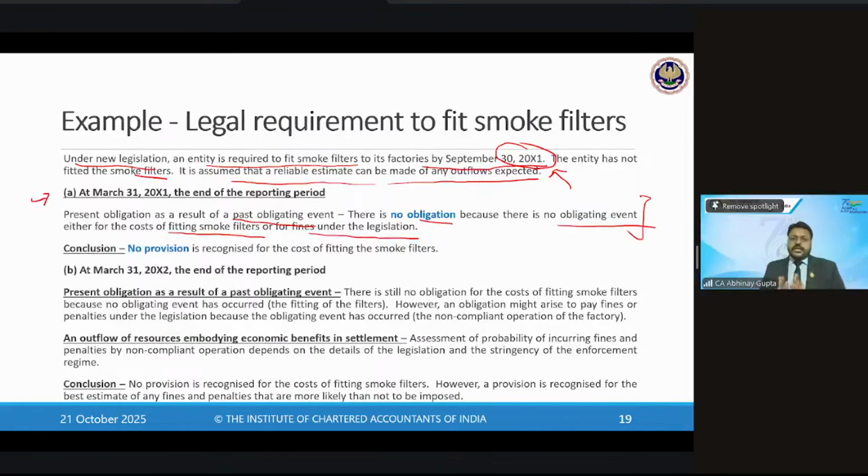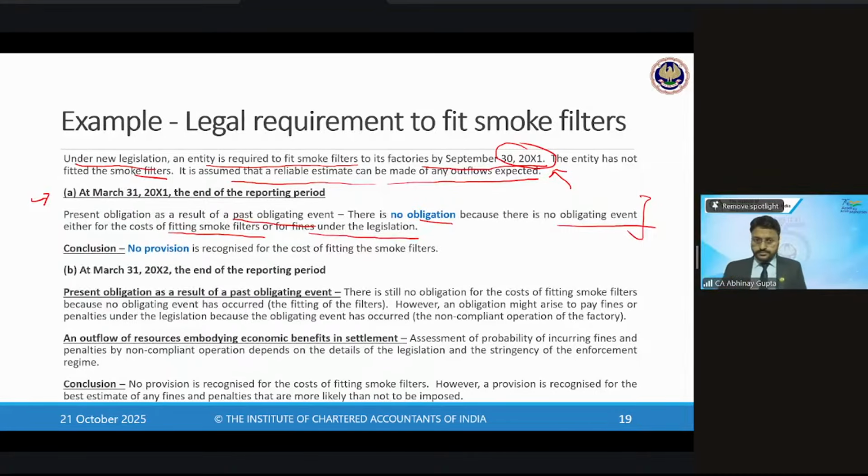So neither has the company initiated any action to get the smoke filters fitted, nor is there a legislation default by the 31st March. So there is no past event, neither in terms of onboarding a vendor for the fitting of the smoke filters, nor in terms of default with any legislation, right? So because there is no past event, there is no present obligation. Because there is no present obligation, there is no provision requirement as at 31st March 2001. Is that clear to everybody?